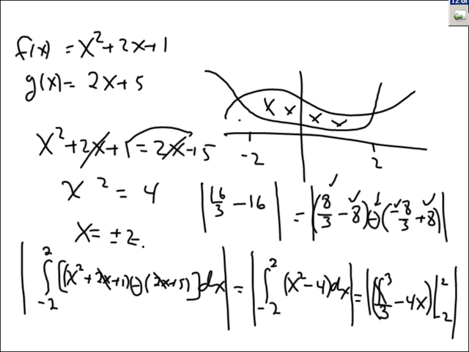So you have 16/3 minus 48/3, which is the same as 16. You get negative 32/3, absolute value, and the final answer is 32/3.